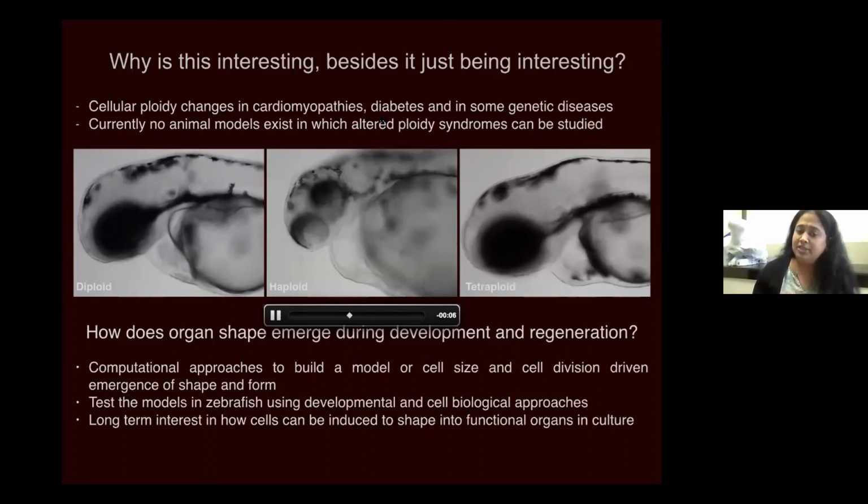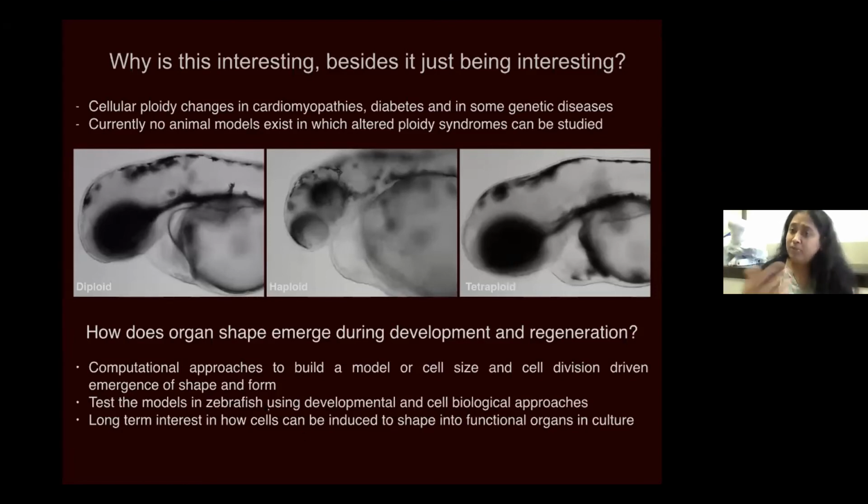And we are interested in trying to understand how individual cell sizes shape organs, either during development or during regeneration. We would like to approach this not just from an experimental perspective, but also from a theoretical or modeling perspective, to understand what is the information that a collective of cells needs a priori for a 3D shape to emerge, considering that all signaling pathways and whatever executing mechanisms are needed to execute this decision exist in place.